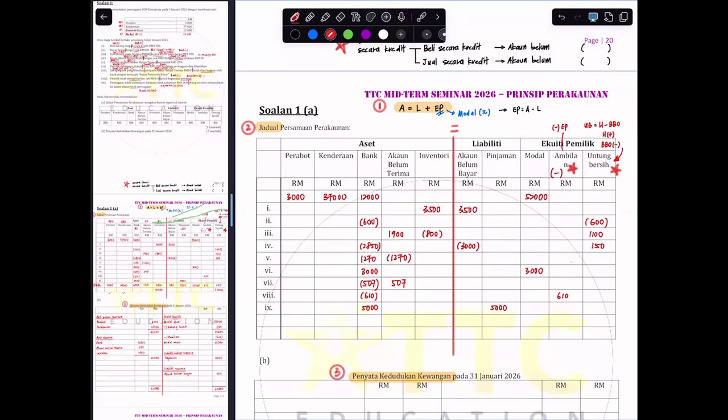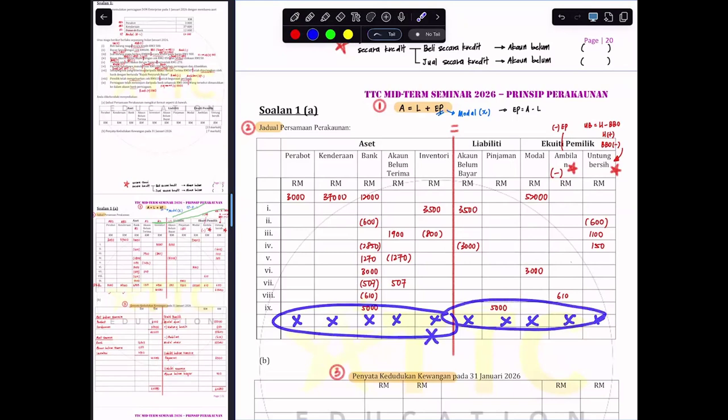Okay. So after record everything here, what you need to do is get the total of all this right here. Means total perabot how much, total kenderaan how much, total for all the columns. After that, total everything in left hand side, put it here. Total everything from right hand side, put it here.